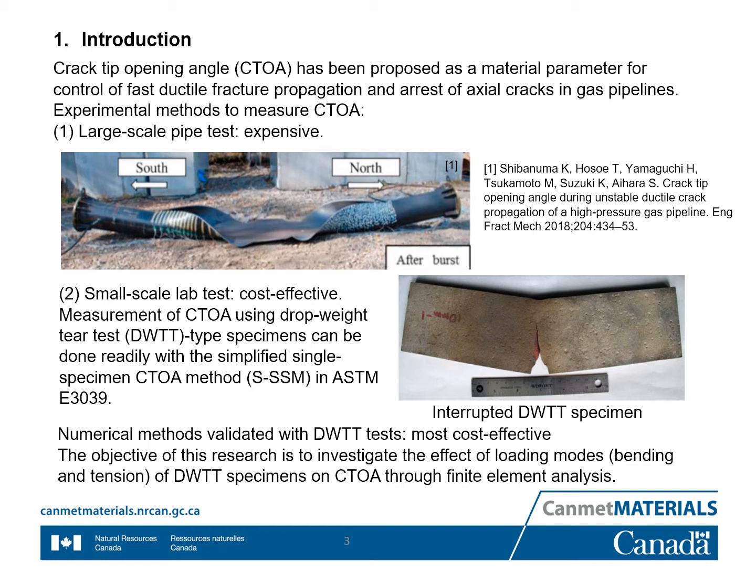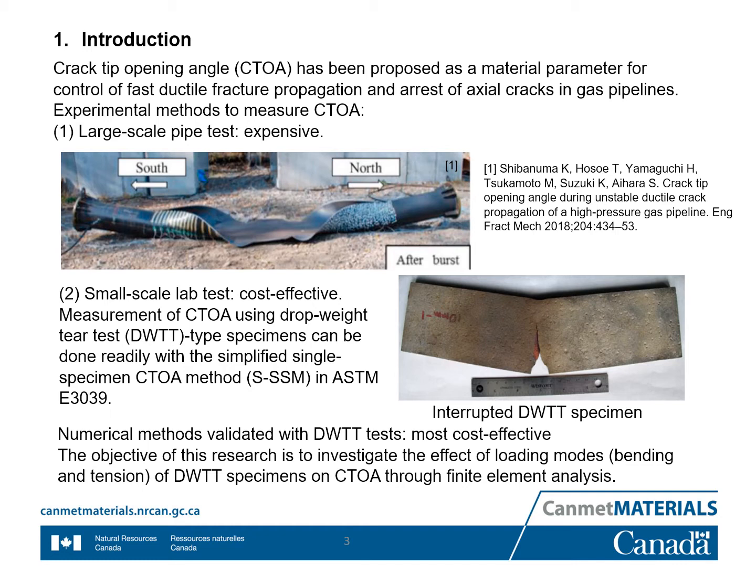On the other hand, we can do smaller lab tests, such as this drop weight tear test. And the measurement of CTOA using DWTT specimen can be found in the ASTM standard E3039, which is very cost-effective compared to the large-scale pipe test.